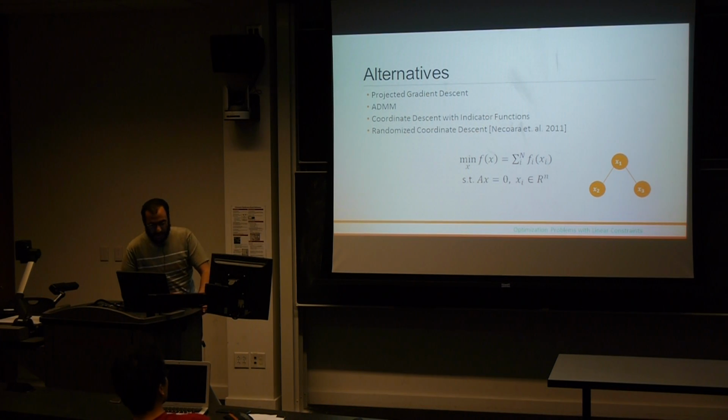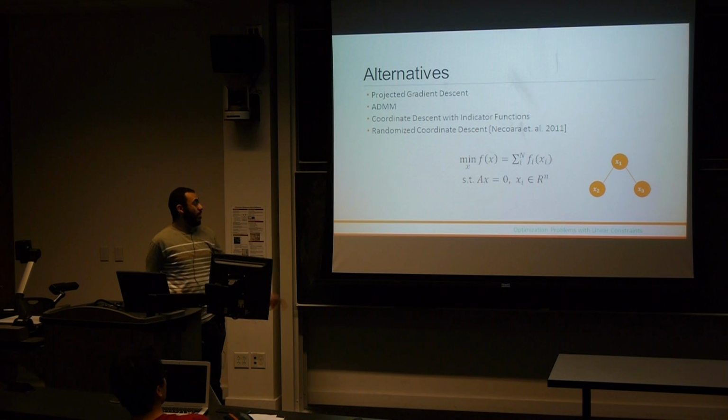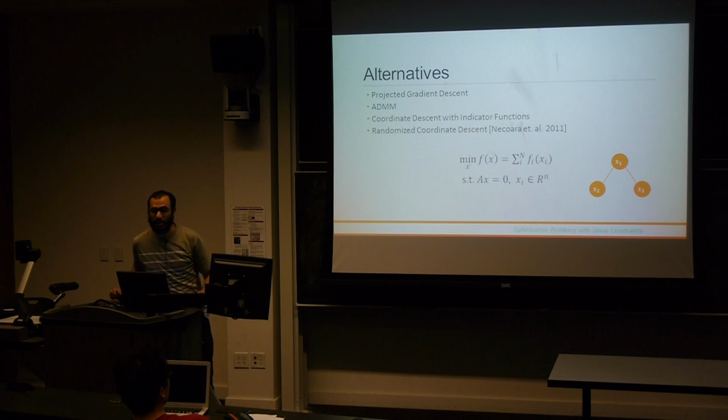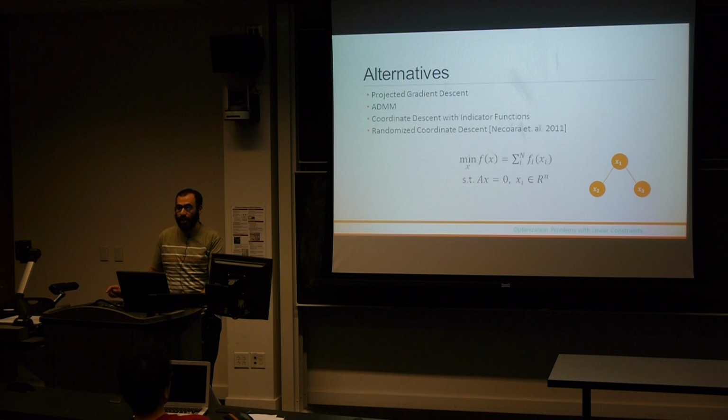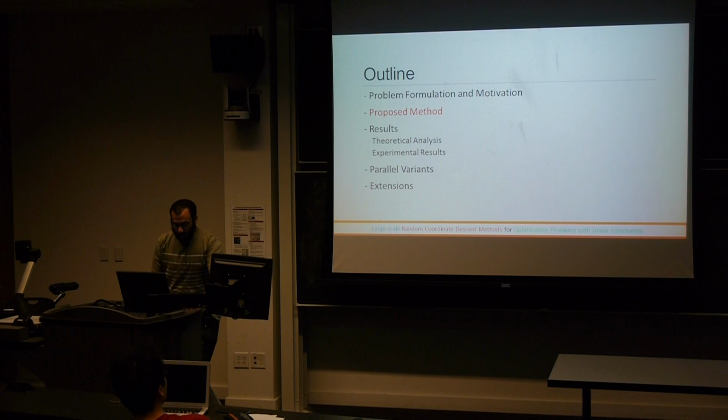There's randomized coordinate descent proposed by Nesterov et al. in 2011, and it solves the special case where the constraint Ax equal to 0 is a sum constraint, sum xi equal to 0. But we want to extend that to a general linear constraint. Cool. So let's move to our method.